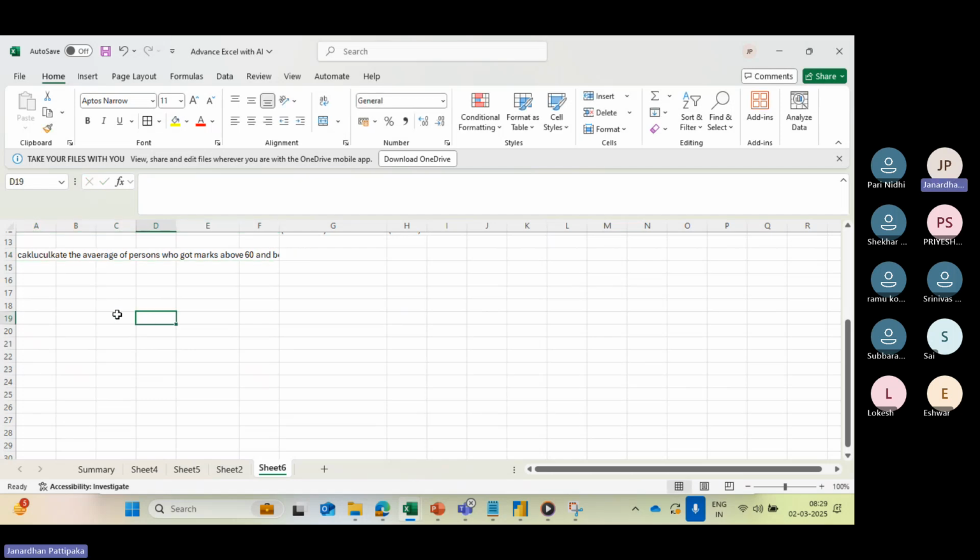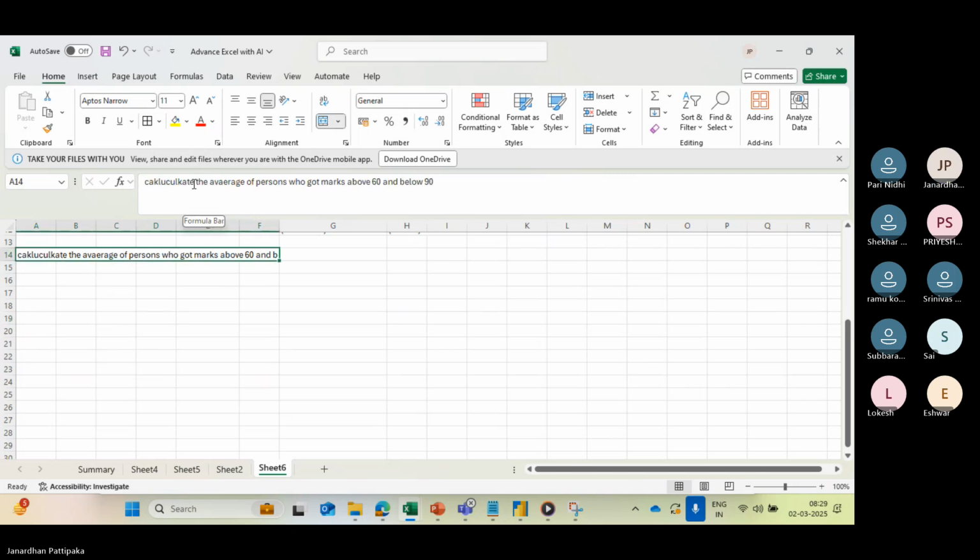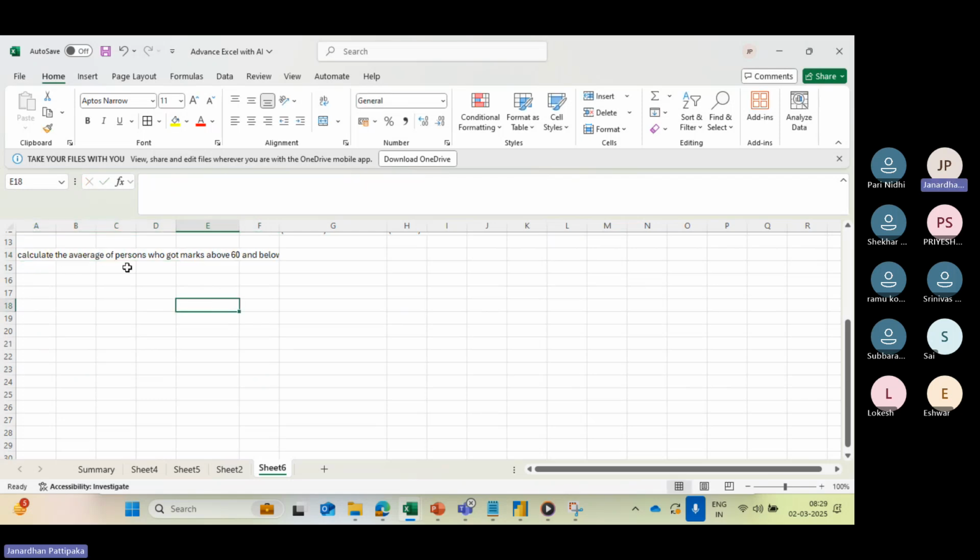So you just want to calculate the average of the persons who got the marks above 60 and below 90. So you want to calculate that person's marks.